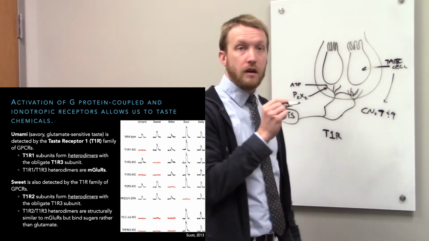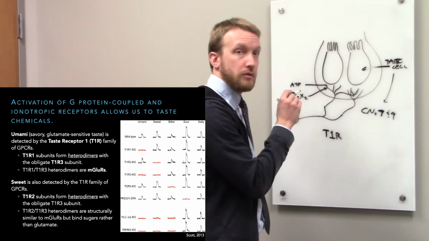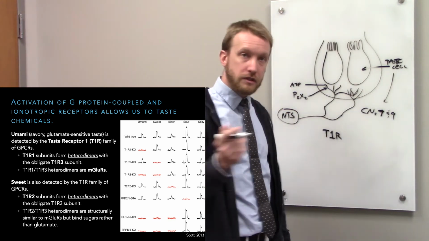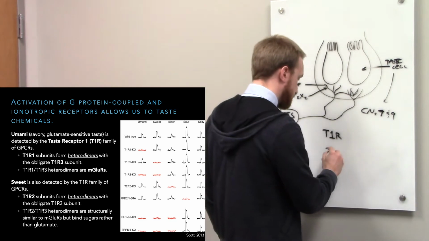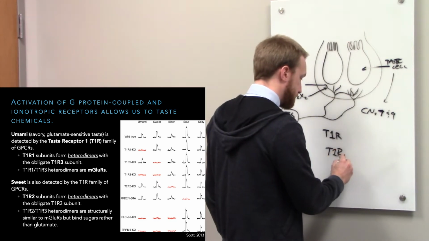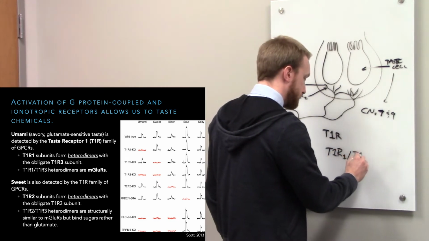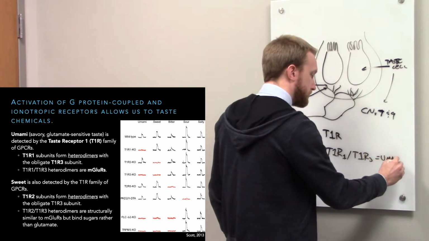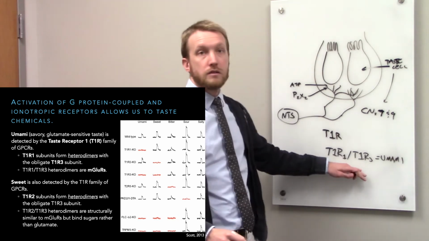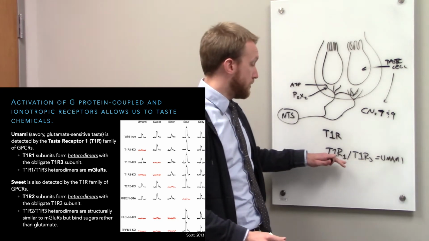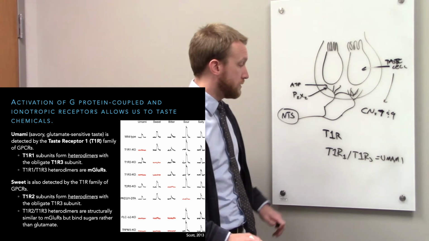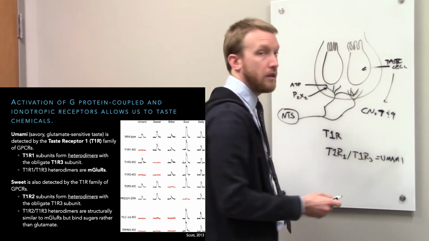Here we're going to have a couple different types. So we're going to form dimers. So dimers of the 1 and 3 subunits of taste receptor 1 is going to create the umami.